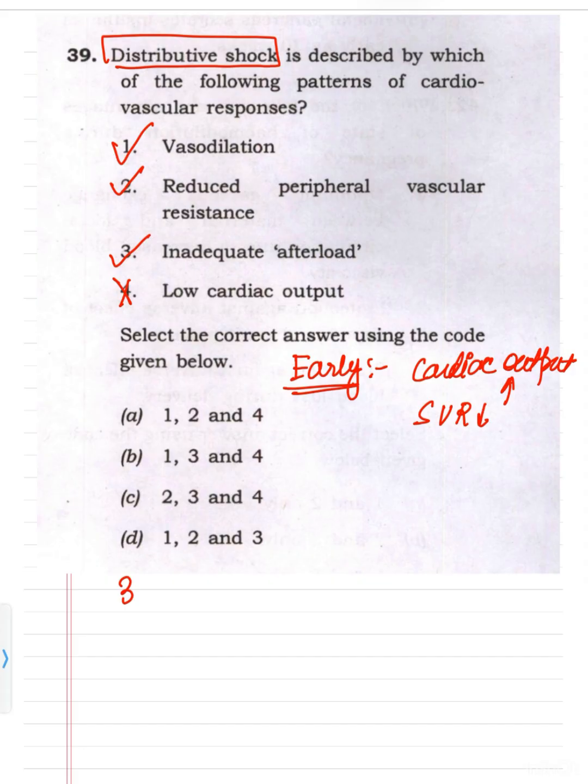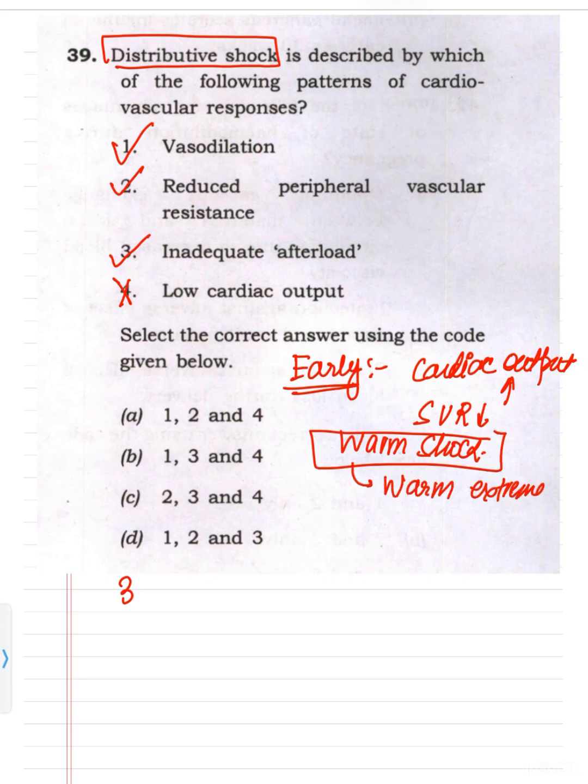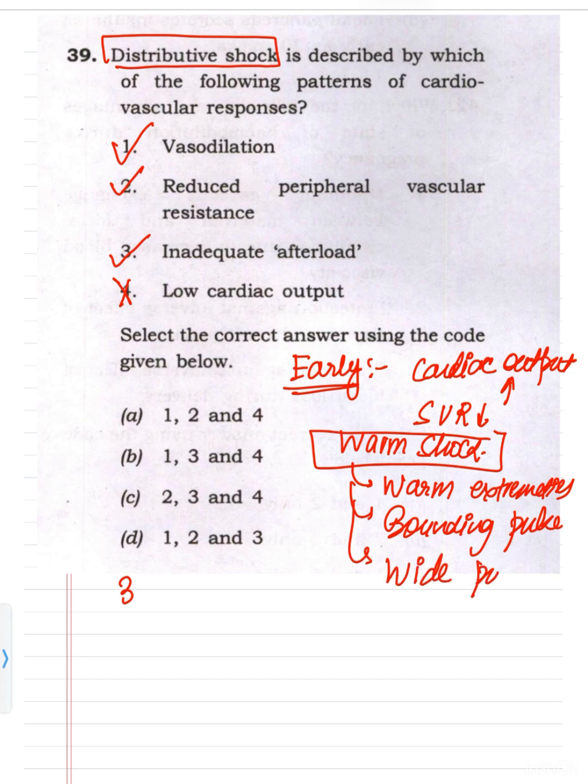Because of this, it is also known as warm shock, in which there will be warm extremities, a bounding pulse, and a wide pulse pressure.